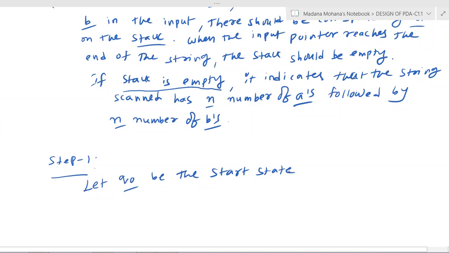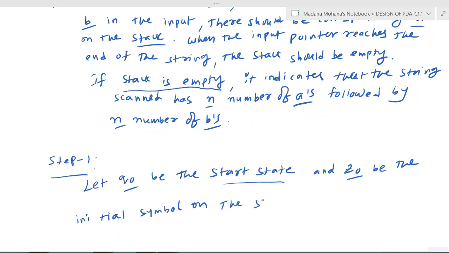This is common. Let Q naught be the start state, and also take the initial symbol of the stack, Z naught, as the initial symbol on the stack. These two you can take initially for all problems.